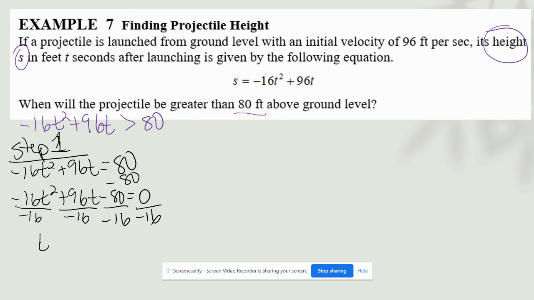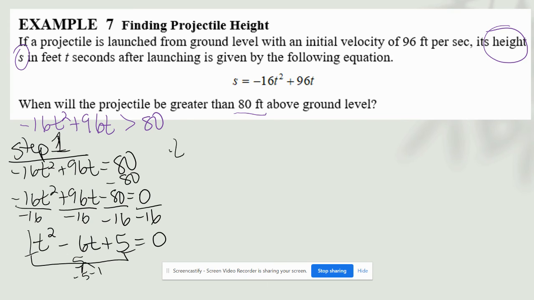And that gives us t squared minus 6t plus 5 is equal to 0. Let's factor. 1 times 5 is 5. The factors of 5 that add to negative 6 are negative 5 and negative 1.